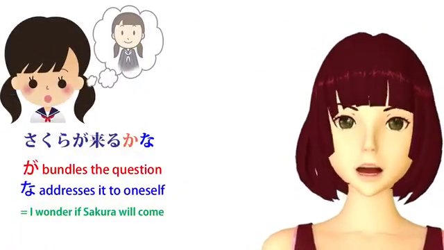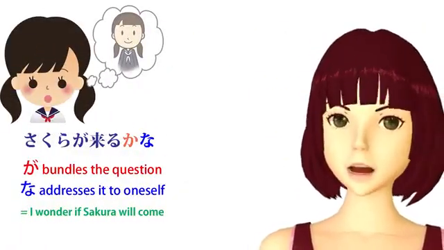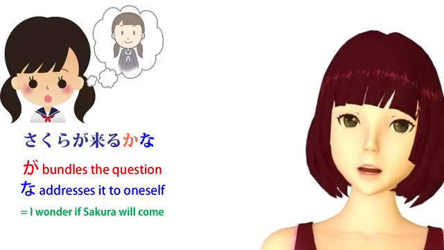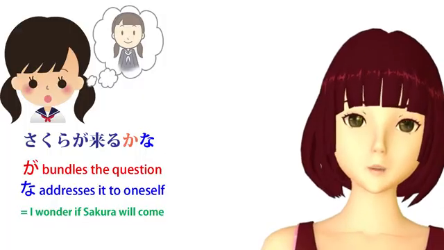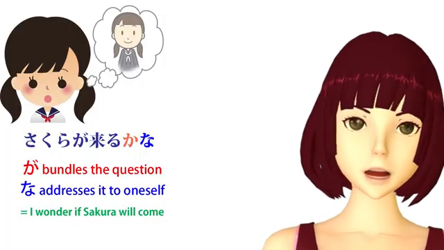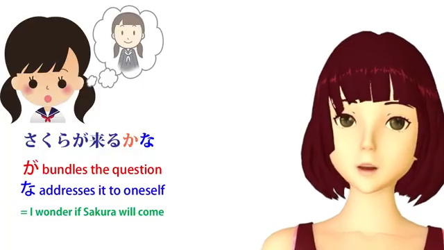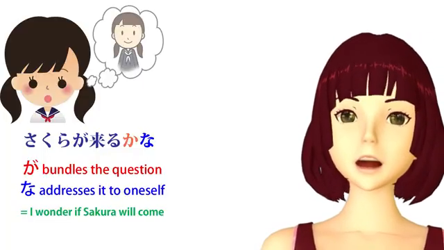Similarly, with kana, which is sometimes presented as a particle meaning "I wonder," you see how this actually works. Ka is taking the proposition. So if we say "Sakura ga kuru kana," we're saying "Sakura ga kuru ka," the question of whether Sakura will come.